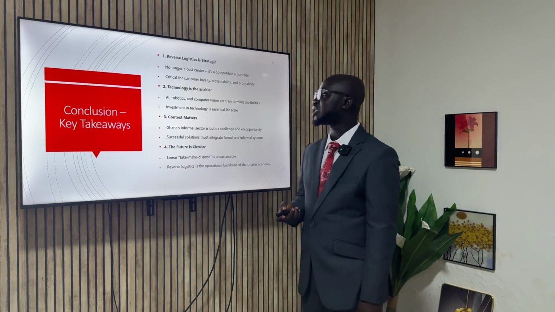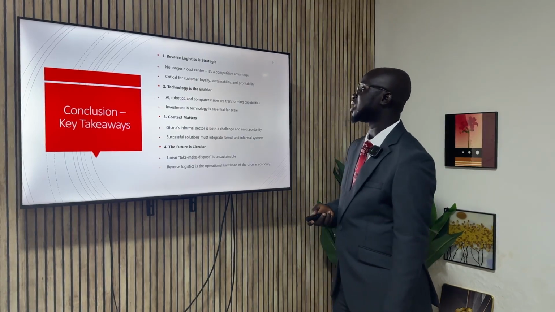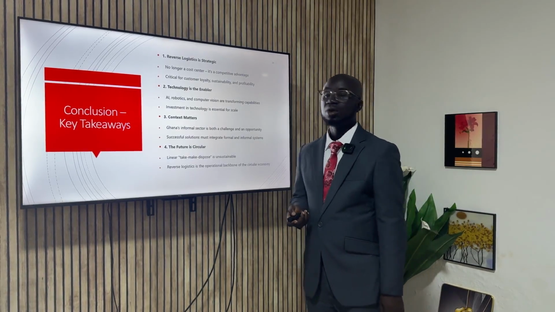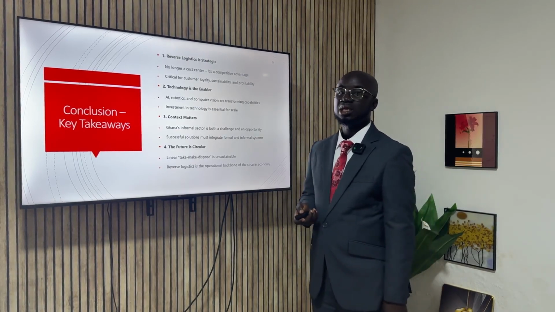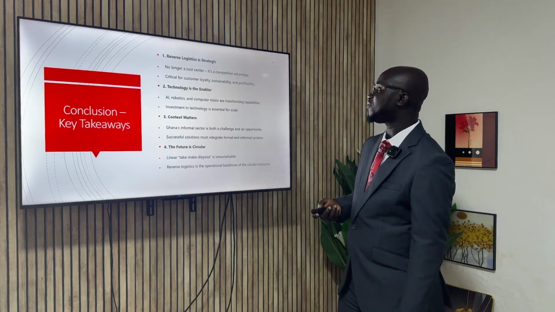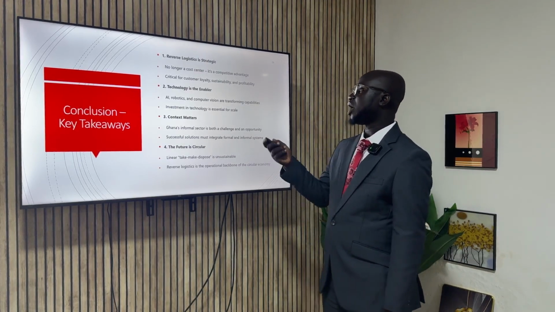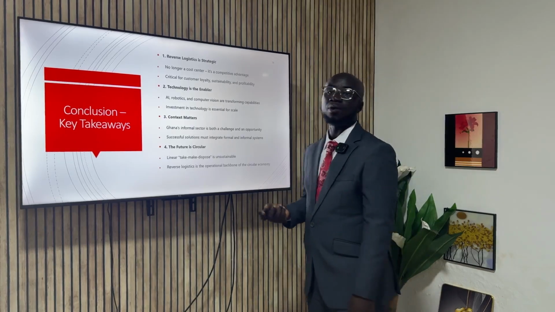To conclude, these are some of the key takeaways. Reverse logistics is no longer a cost center, it is competitive, and it is critical for customer loyalty, sustainability, and profitability. And technology is the enabler, whether you like it or not.